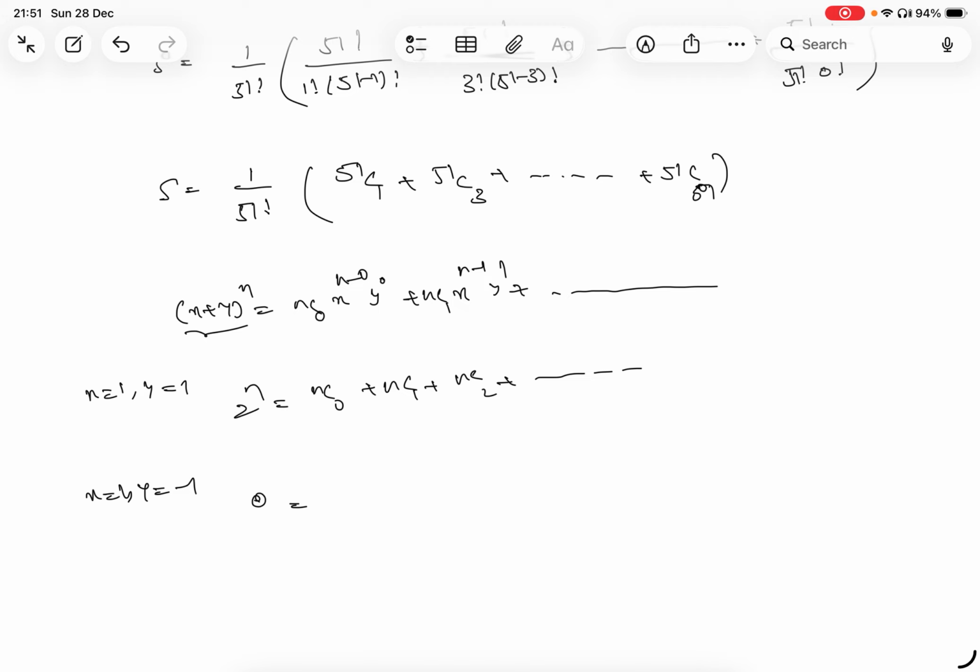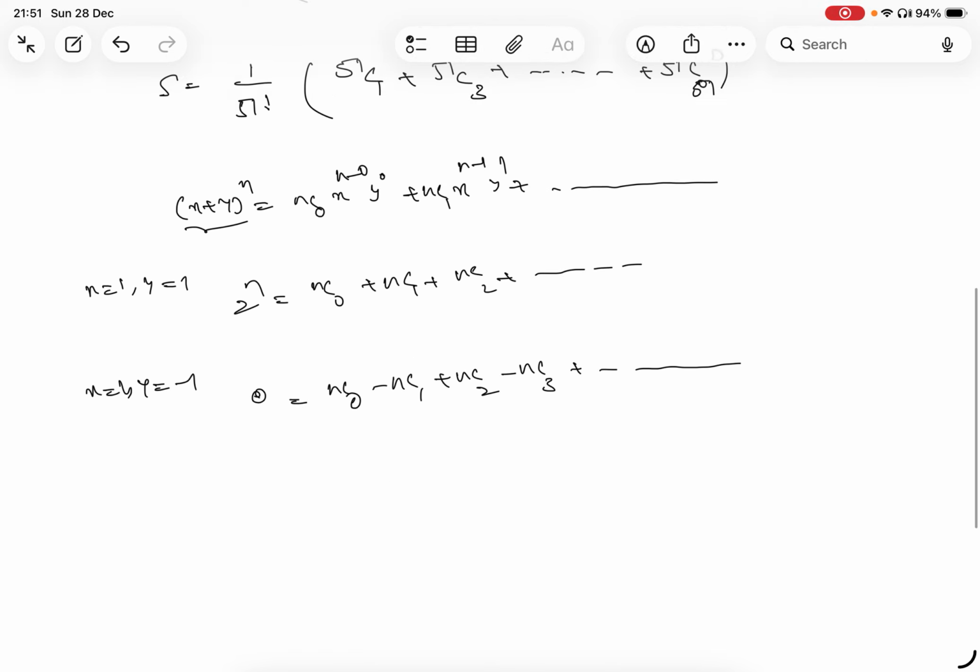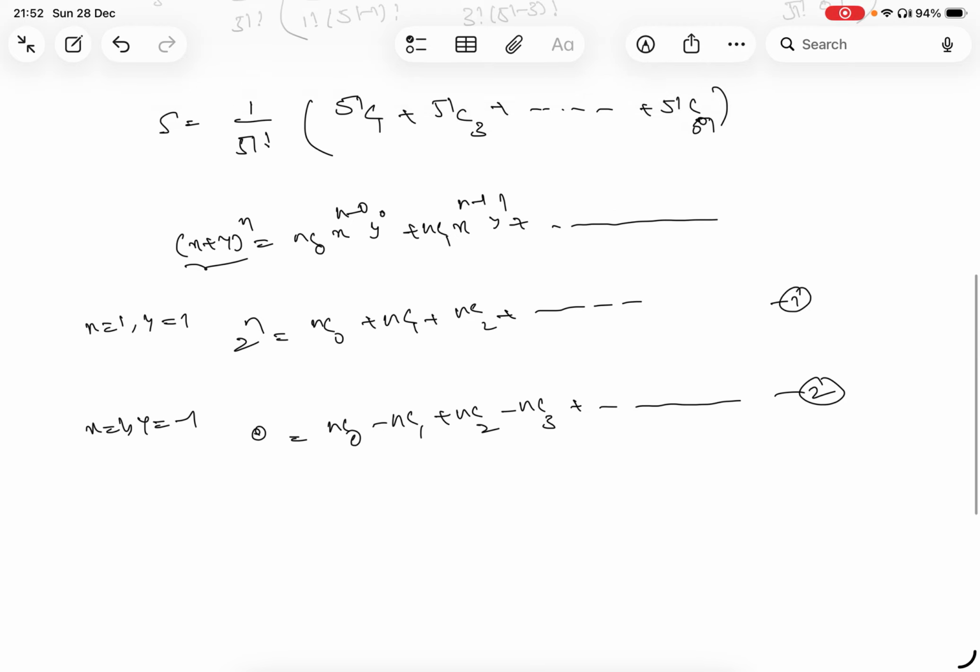Here, nC0, then nC1 with y as minus 1 becomes minus nC1, plus nC2, minus nC3, plus and so on. Let us assume the first as equation 1 and this as equation 2. Because we need the odd terms, nC1, nC3 terms, we subtract equation 2 from equation 1.